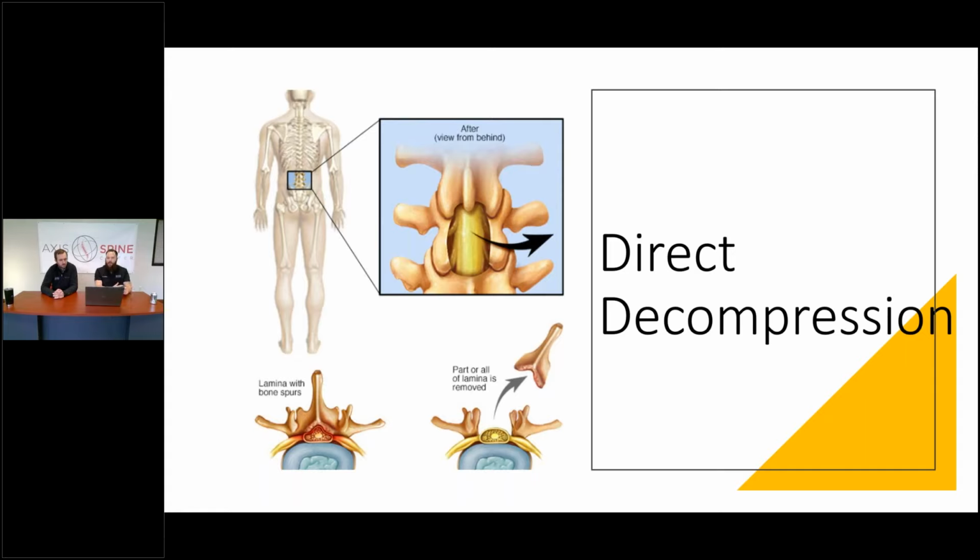Oftentimes repeat imaging will be done, and if everything looks good, oftentimes, especially in the short term, when your nerves are kind of getting used to having a little more space around them, they can be irritated. And so we'll use epidural steroid injections to help calm those nerves down while your body's healing. And so that's one way we use them.